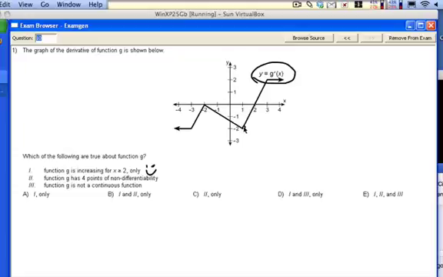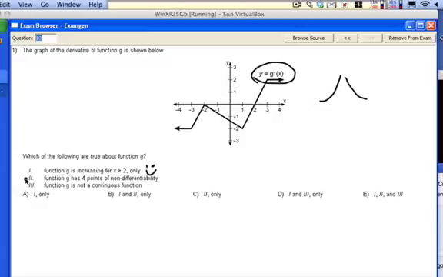If we had a situation like this where g prime would look like that, then at this point the function wouldn't be differentiable. So don't get confused between g not being differentiable and g prime not being differentiable. Certainly the second derivative of g won't exist here and here and here and here because of the corners.